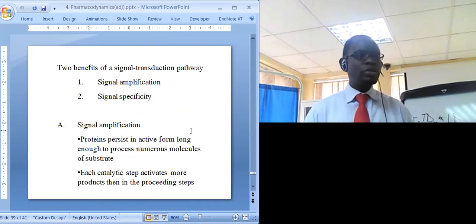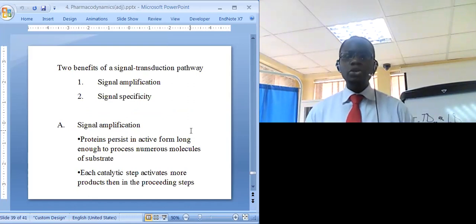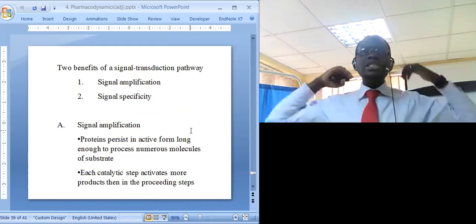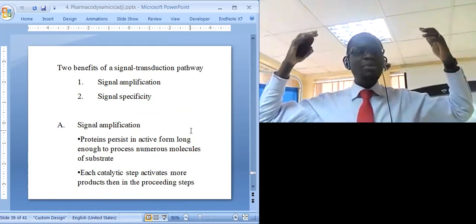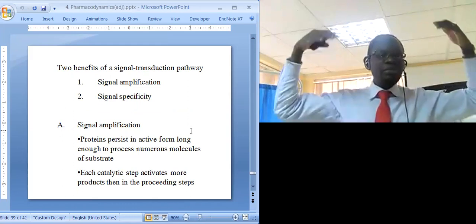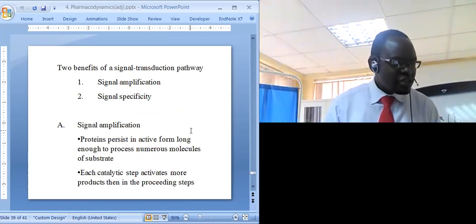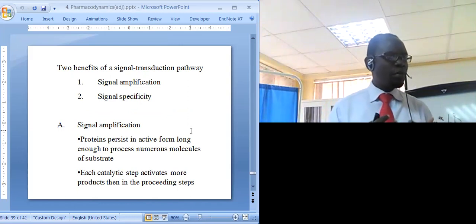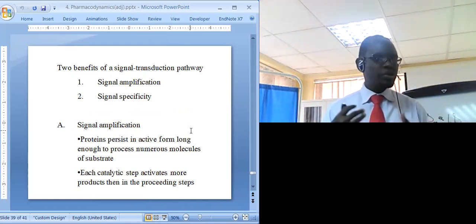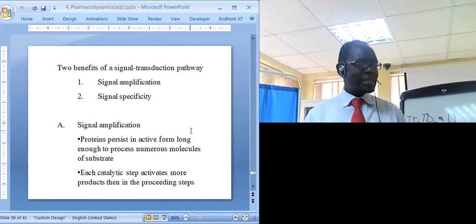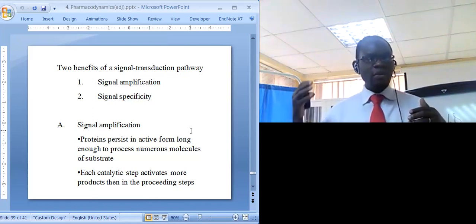Basically, what are the benefits of this signal transduction pathway? One, they cause signal amplification, and two, they bring about signal specificity. Now, what is signal amplification? Proteins persist in active form long enough to process numerous molecules of substrate, so each catalytic step activates more products than the one preceding it.